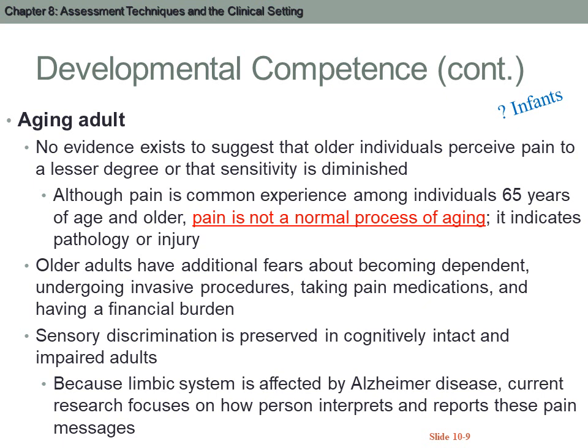They can't really tell you, hey, I'm having back pain or my leg hurts, but they can cry. And the type of cry that they have can signify that something is wrong. I don't know how many of you have been around an infant, but you learn to perceive, like a mom learns to perceive, the different levels of cry. There's a quiet cry, I'm a little irritable right now.